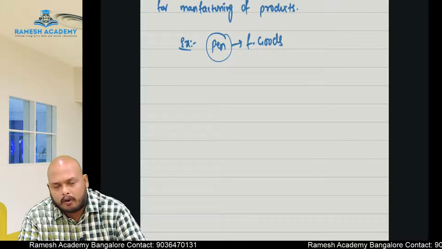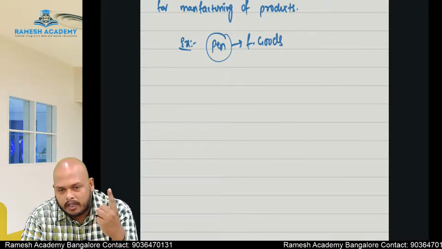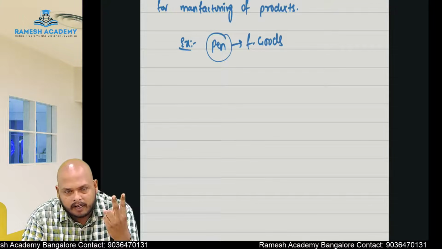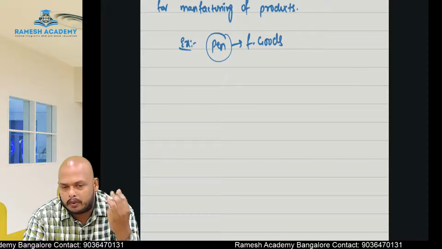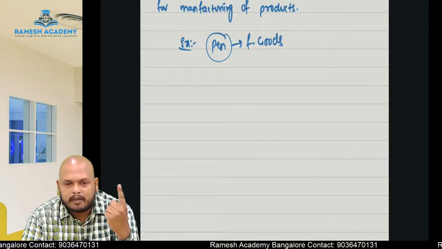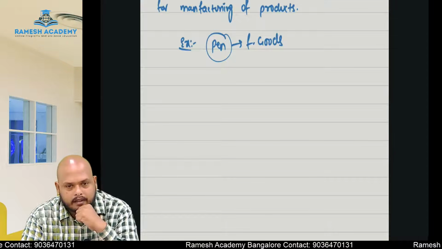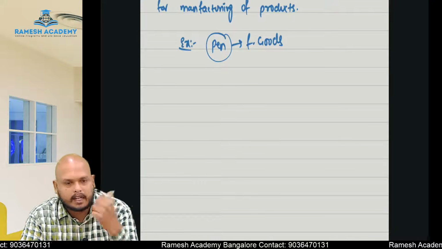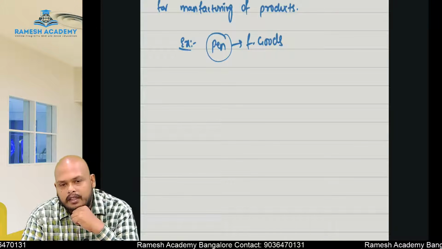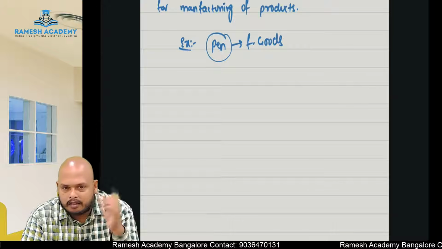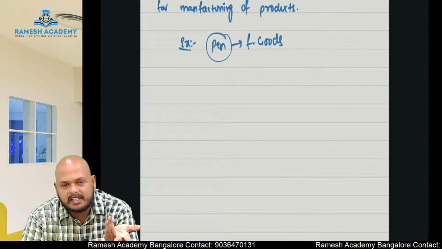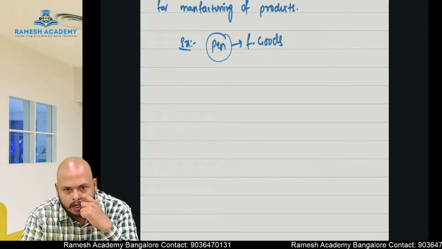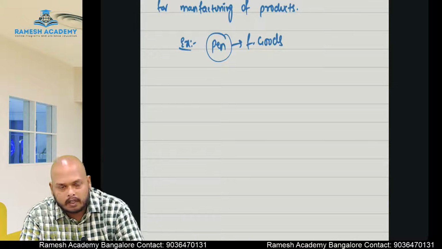Here in the case of cost accounting, we will study three things. One is raw material, one is work in progress, one is finished good. Raw material is anything which is in raw substance. Finished good is ready for consumption. Work in progress is neither in the initial stage nor in the final stage. In the middle stage, we will call it work in progress. Here pen is a finished good which is ready for usage.